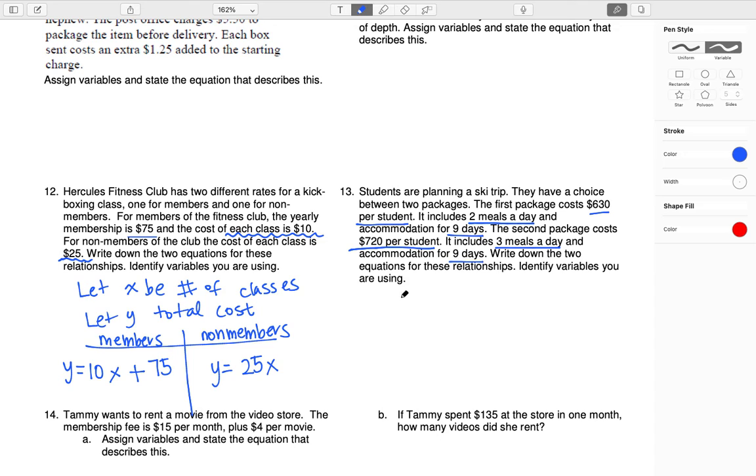Therefore, we have to say let x be the price per meal, and let y be the price per accommodation.